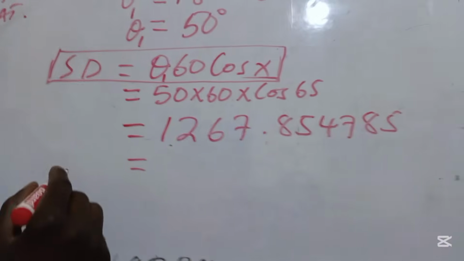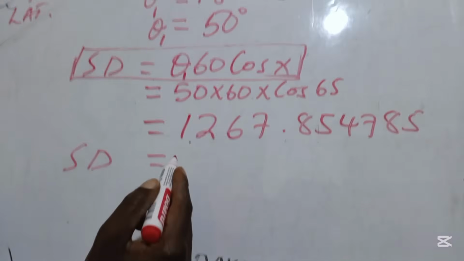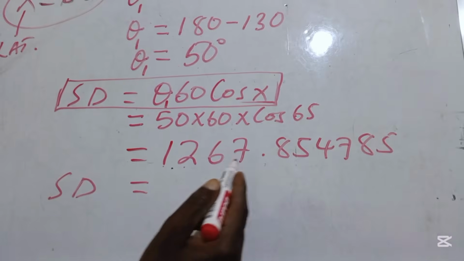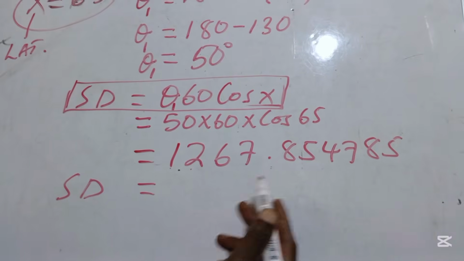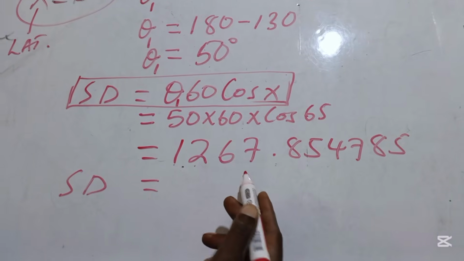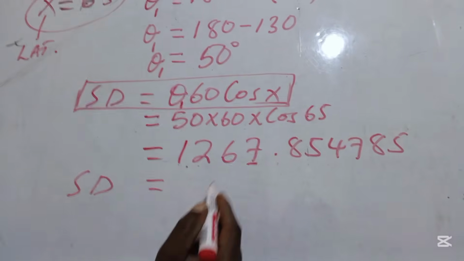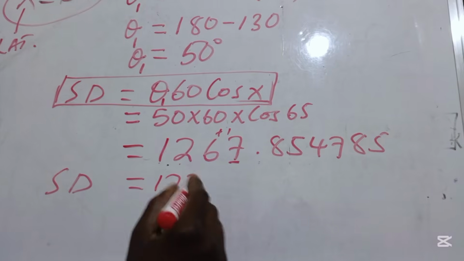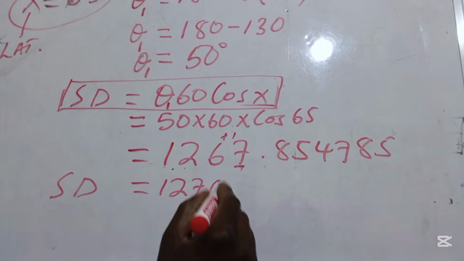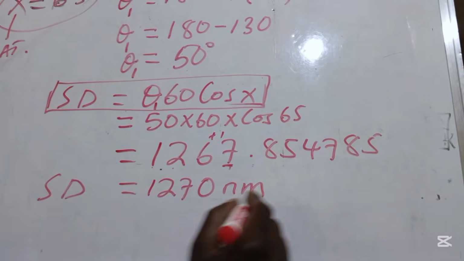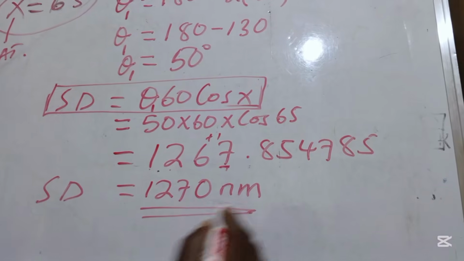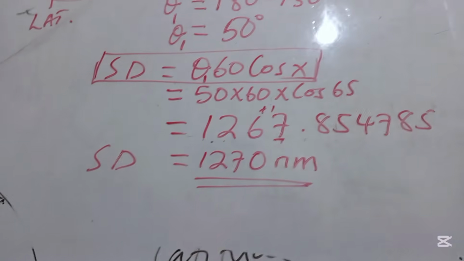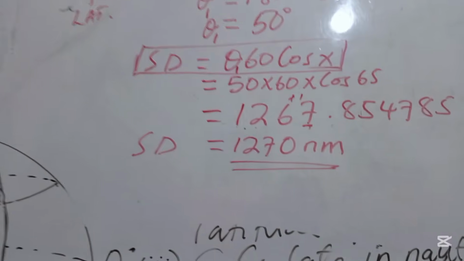So ladies and gentlemen, to three significant figures, 1, 2, 3. My neighbor is 7. Remember, the neighbor is always on the right hand side. So 7 is above 5. You plus 1 here, it will be 7. So it will be 127. This number is replaced by 0. This is how we found the shortest distance along the latitude. I hope you have enjoyed.